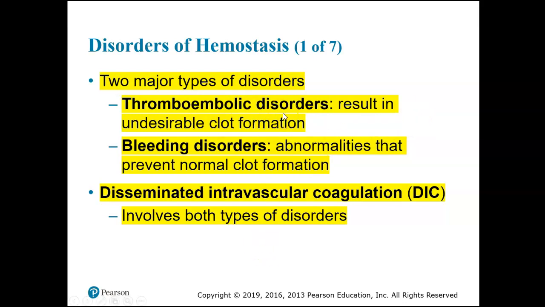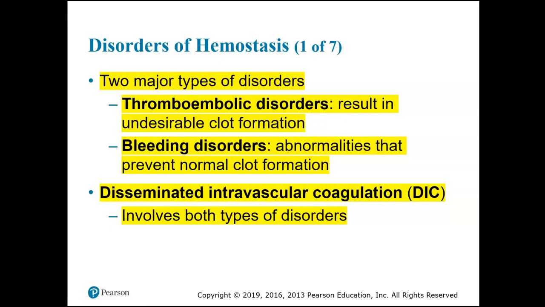Thromboembolic disorders result in an undesirable clot formation when we don't want blood clots, because they can restrict blood flow. They can also move and result in heart attack, stroke, or even you can have one that travels to the lungs.